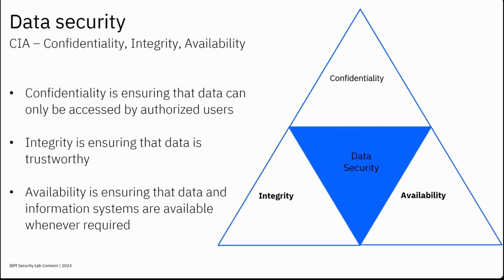Okay, so here's the slide on data security when it comes to the CIA triad: confidentiality, integrity, and availability. Confidentiality is often associated with secrecy and the use of encryption. Confidentiality in this context means data is available only to authorized parties.